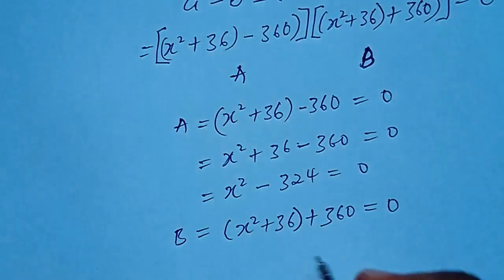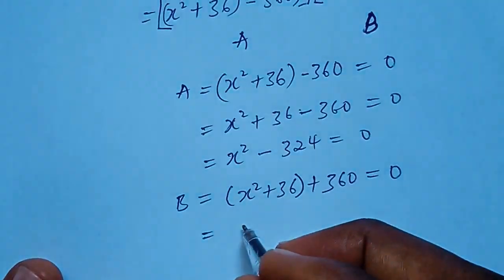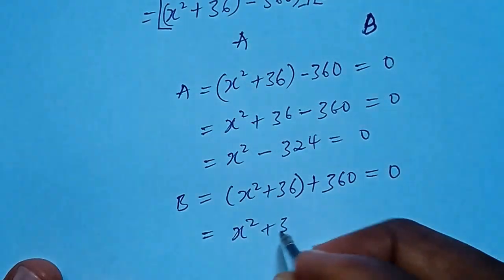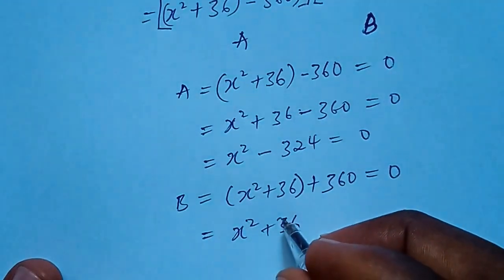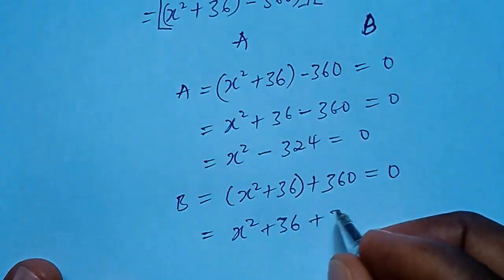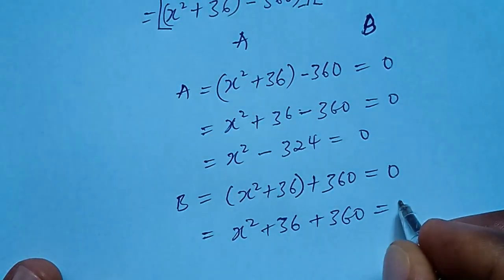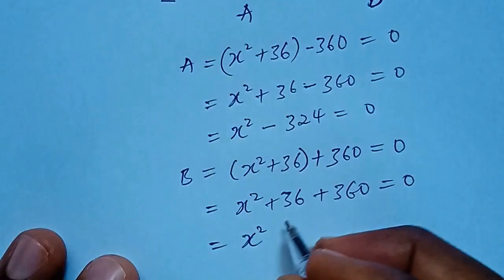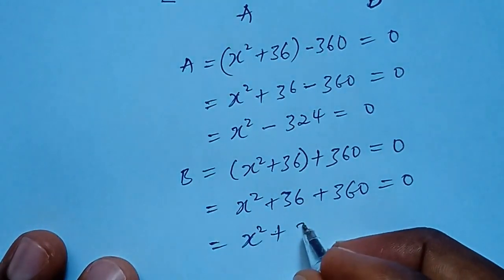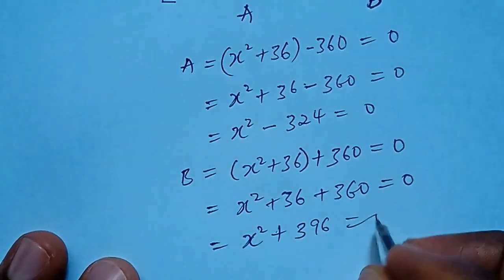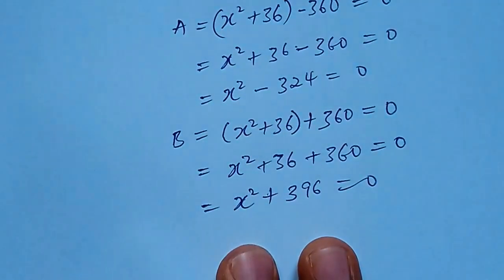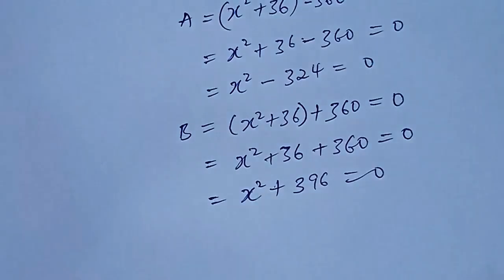This expression can be simplified as x squared plus 36; if we open the bracket, then we have plus 360 equals 0. So if this is added together, we have x squared plus 396 equals 0.